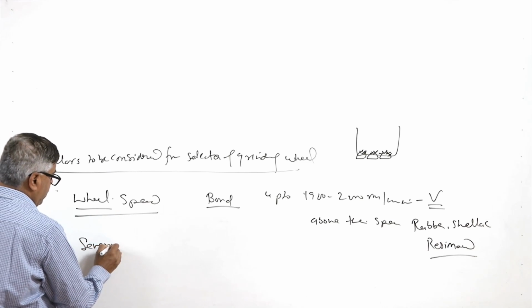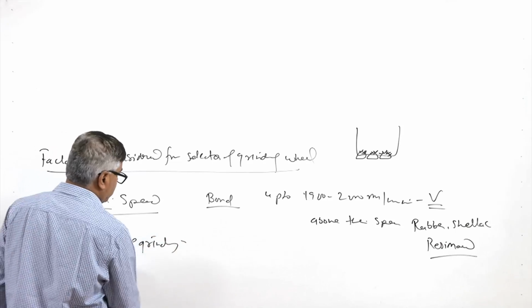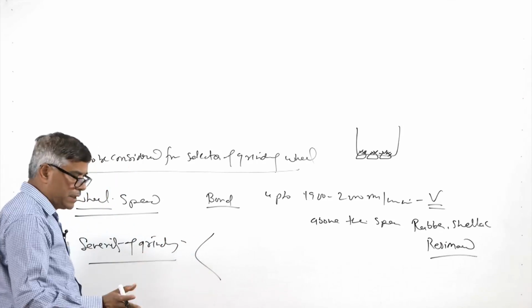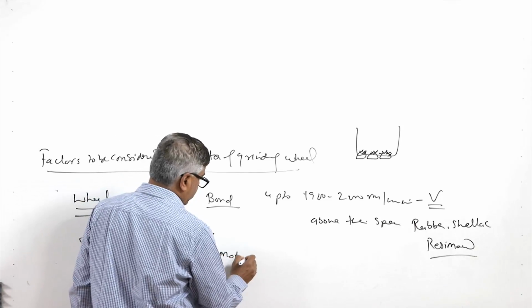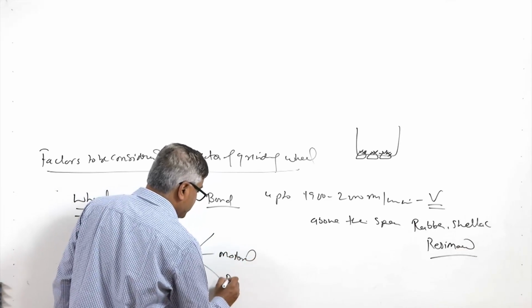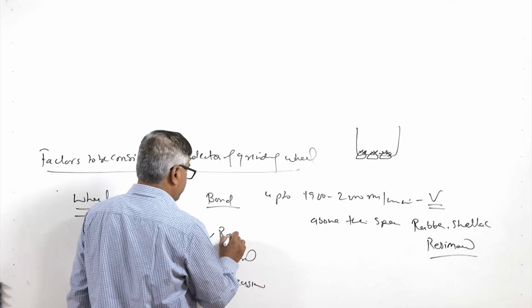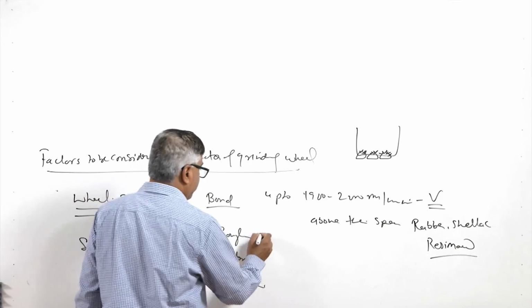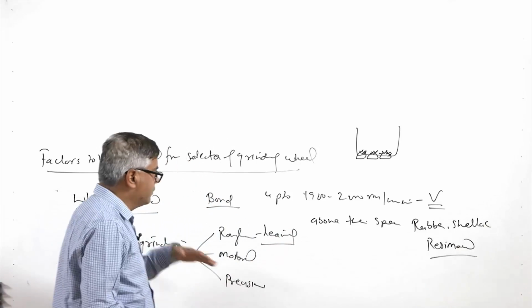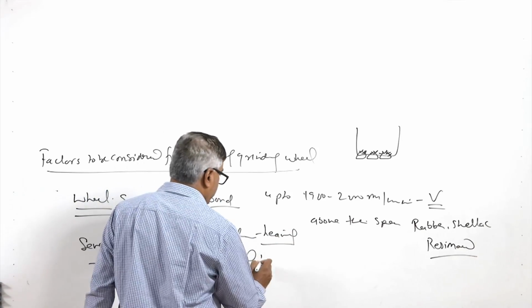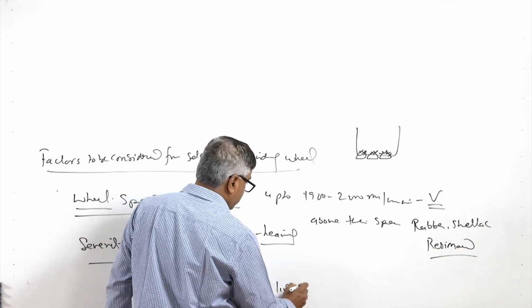The next factor is the severity of the grinding operation. With regard to severity, we can divide it into two categories, or maybe three: moderate or precision, and roughing. In roughing, heavy cutting forces exist, and in precision, very light cutting conditions exist.